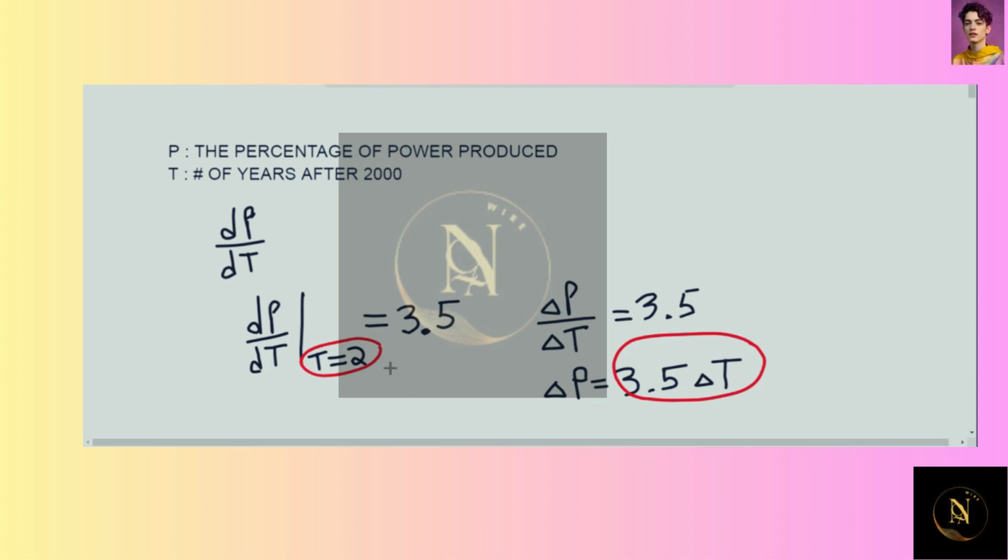So, as we move on past the 2-year mark, a small change in time multiplied by 3.5 will give you approximately the change in the percentage of power produced. So the change in the percentage of power produced is going to be 3.5 times the increment change in the time.